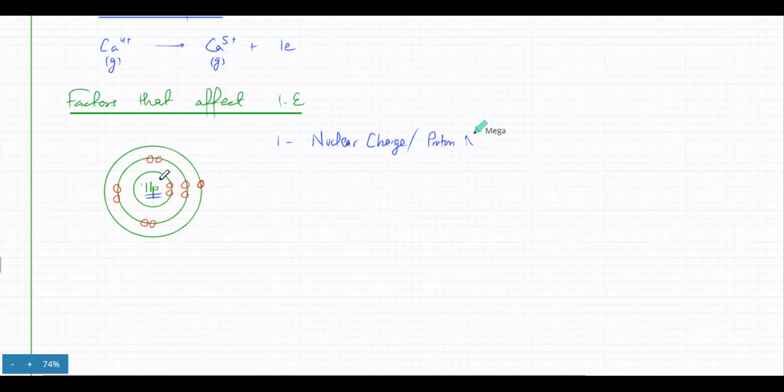It's pretty obvious: more protons, more attraction for electrons, so it would be very difficult to remove electrons.